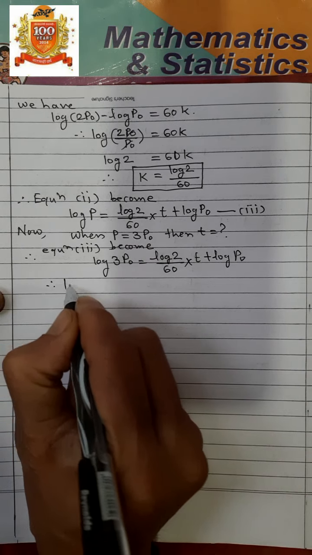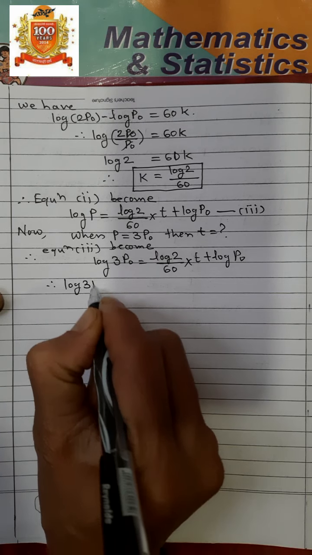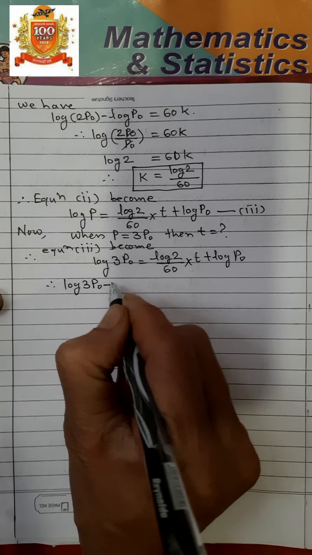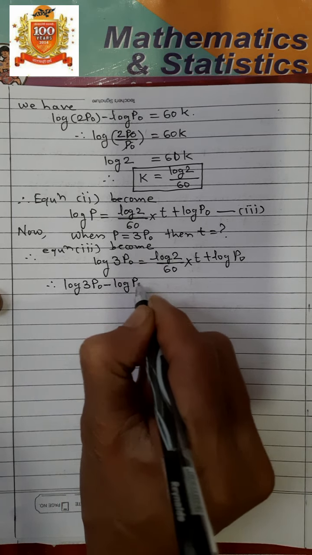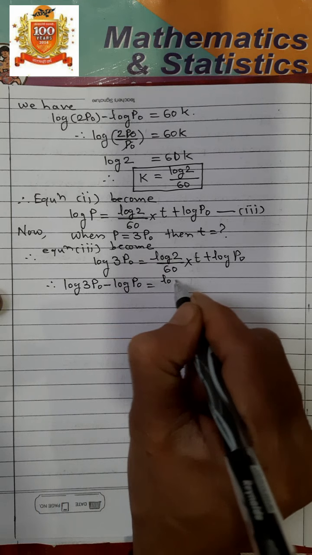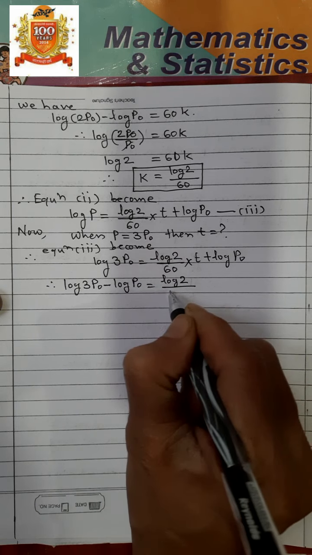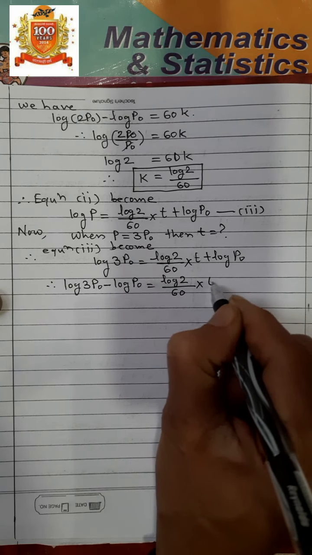Therefore, log of 3P0 minus log of P0 is equal to log 2 upon 60 into t.